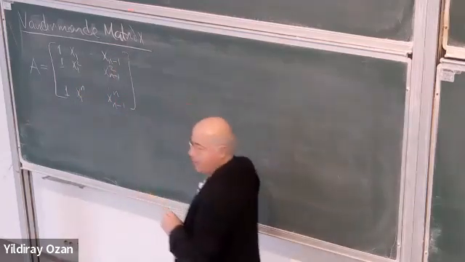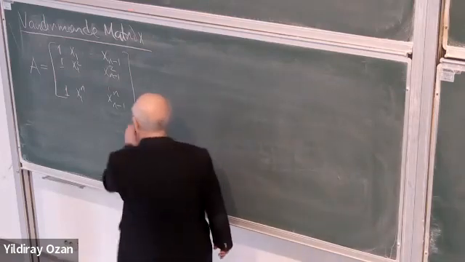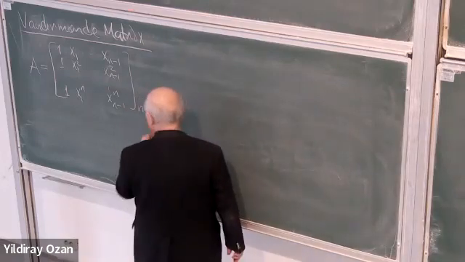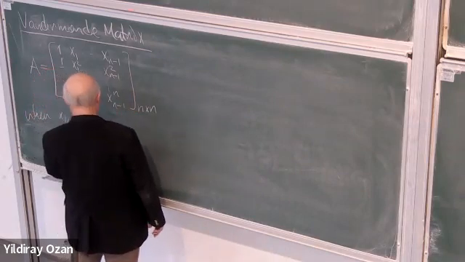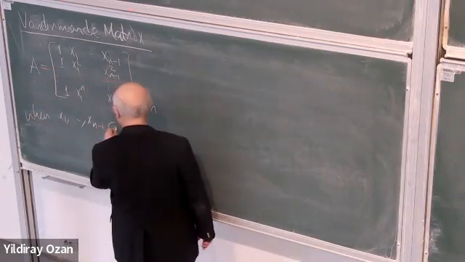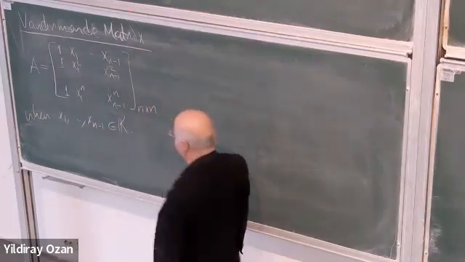So this is an n by n matrix, right? x1 up to x_{n-1} are just field elements.